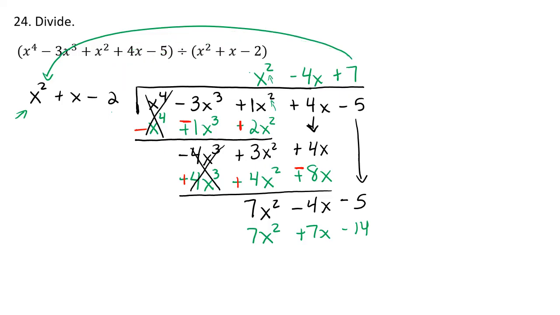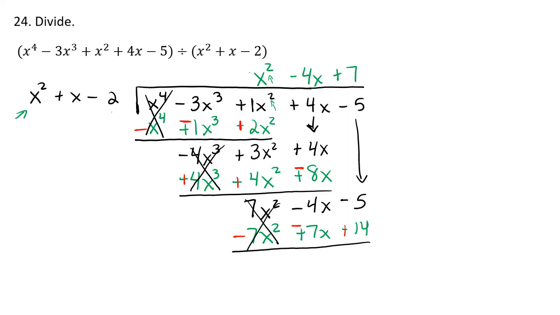So now I'm going to draw the line, switch all of the signs, and combine like terms. 7x squared minus 7x squared makes 0, so I cross it out. Negative 4x minus 7x is negative 11x.